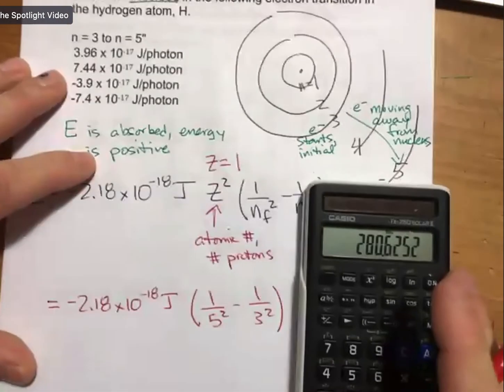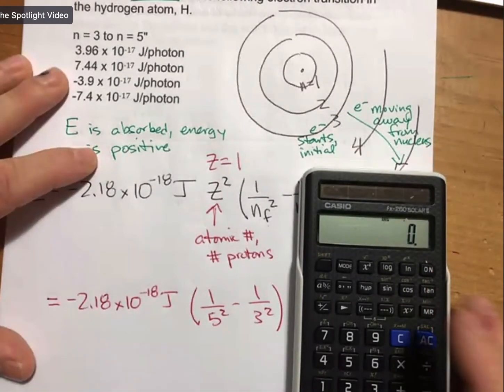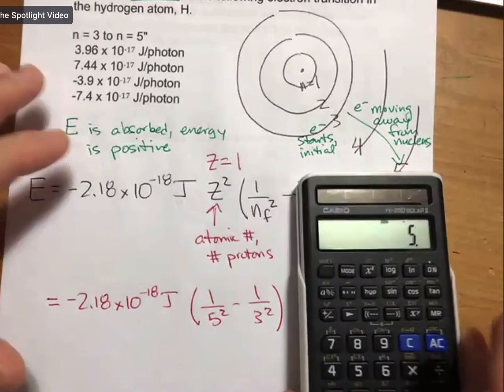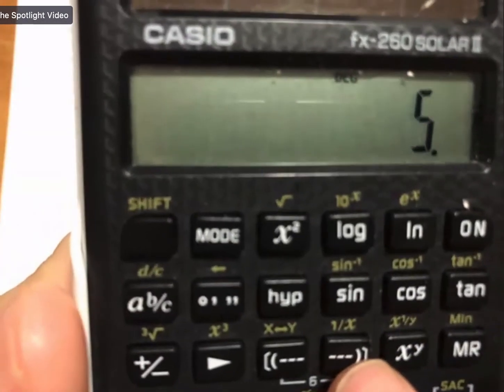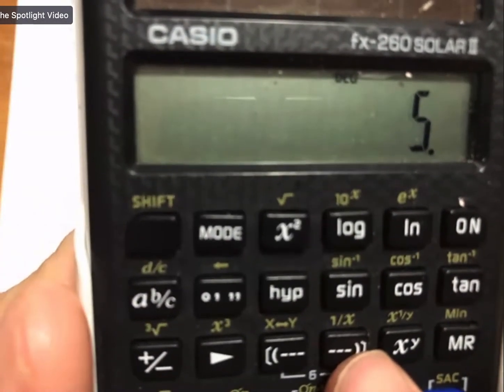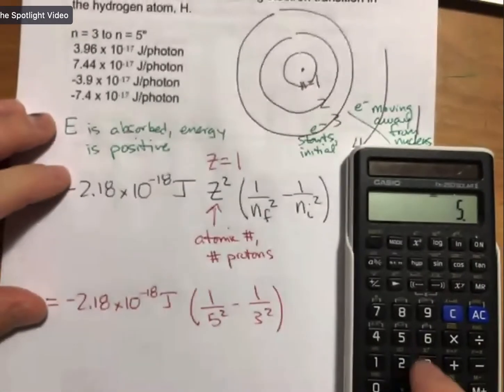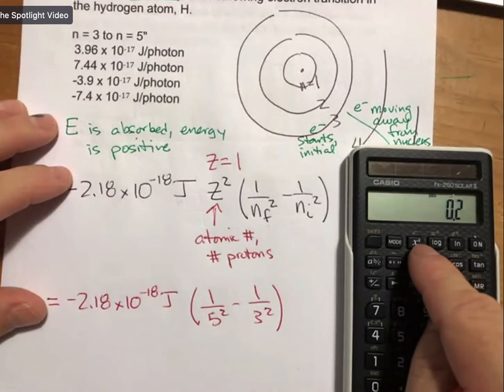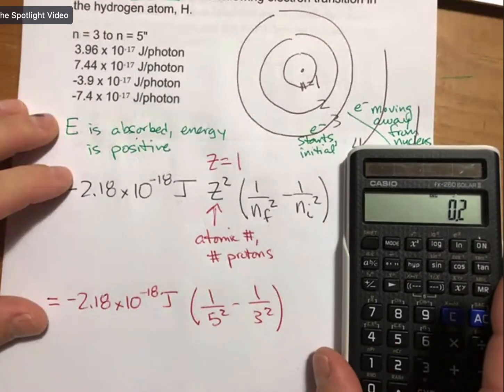Okay. Now on my calculator, I don't know if you can see it, but I've got a 1 over x button there if I hit my shift button. So I'm going to do 5, shift 1 over x, and then I'll hit my squared button there.